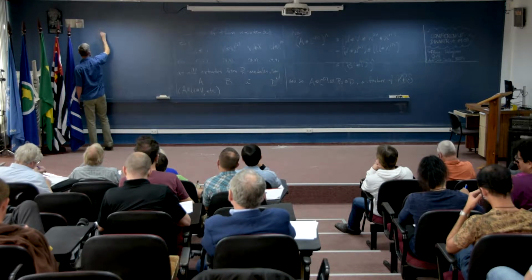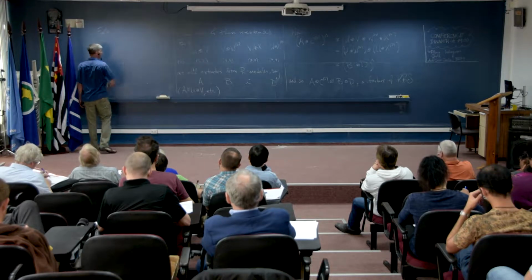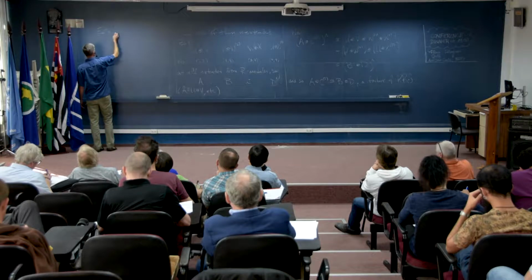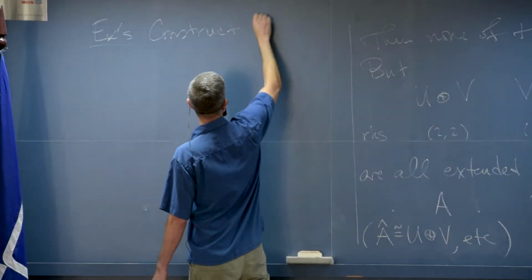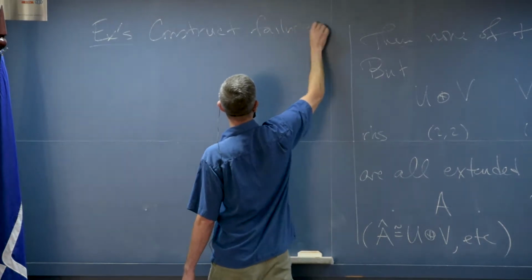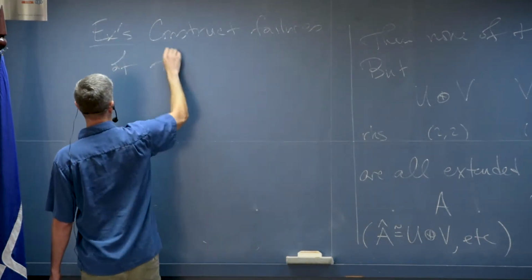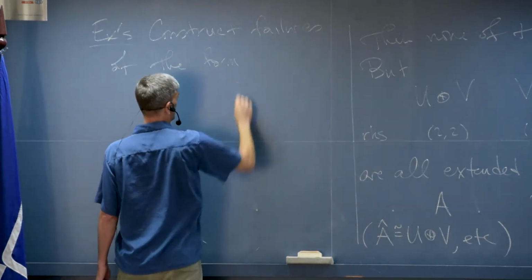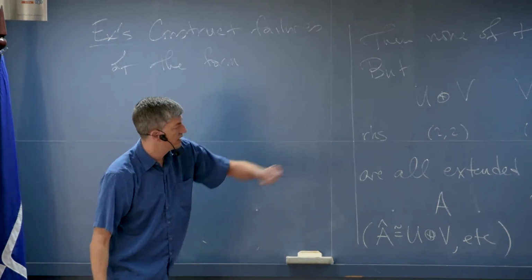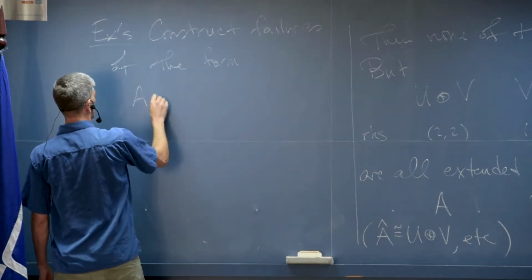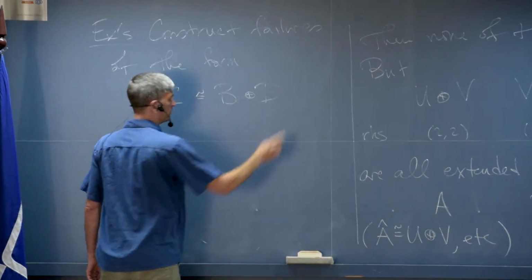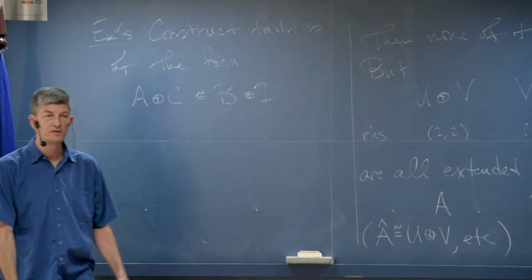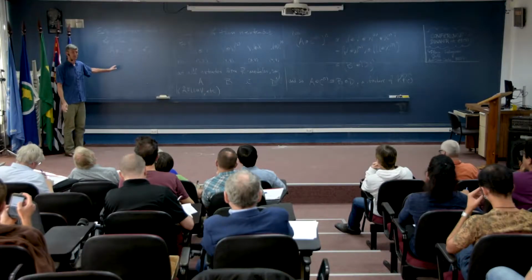And as two further exercises, construct failures of the form, well, here we've got A plus 2 copies of C, so go ahead and construct a failure of this form, which, if anything, is easier.